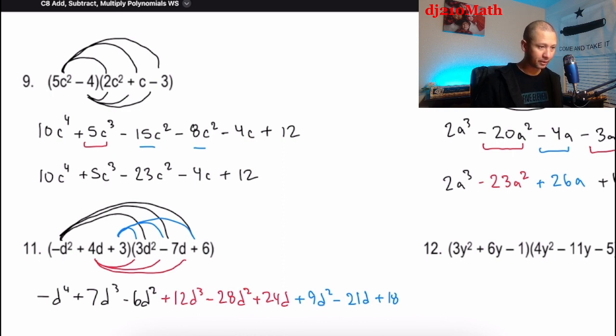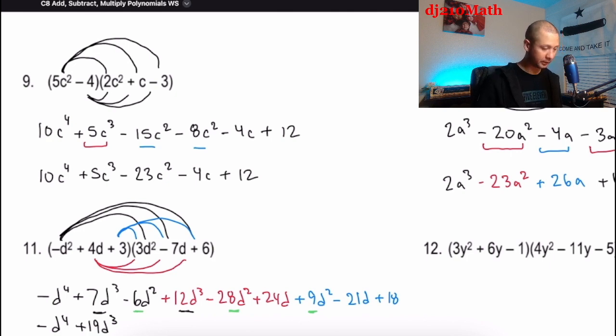All right, combining like terms. What do we got? We have negative d to the fourth. D cubed, we have 2. So 7, 12. So 19d cubed. D squared, we have 3. So negative 6, negative 28, plus 9.